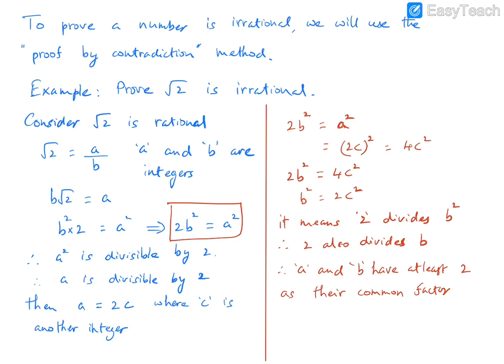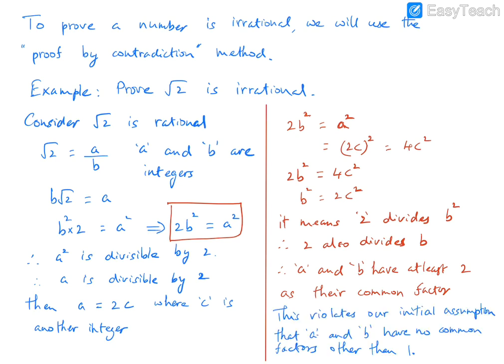Let me write that statement. What we see is that we started off with our assumption that a and b have no common factors among them other than the number 1, but we found out that a is divisible by 2 and so is b. So that means a and b have 2 as their common factor, and this is a violation of our initial assumption that there are no common factors for a and b other than the number 1.